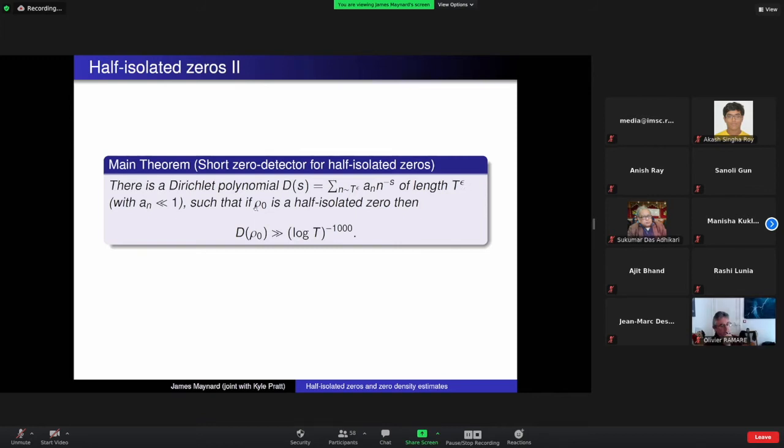So if you're looking at half isolated zeros of height t, then this Dirichlet polynomial only has length t to the epsilon, and this Dirichlet polynomial takes a large value, so it's close to 1 in size, whenever it's evaluated at a half isolated zero. Well, I guess you'd expect that normally a Dirichlet polynomial should be taking exceptionally small values. So these large values are very rare, and therefore this is really detecting an unusual event.